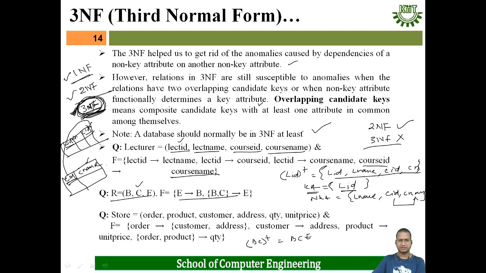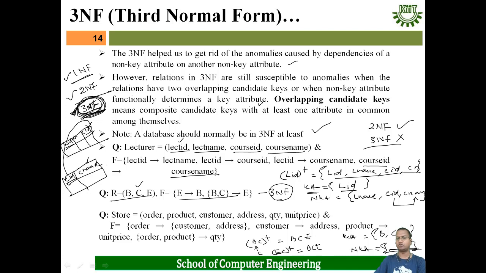Again, B can be replaced by E. That means EC closure will be BCE. That means here the key attributes will be B, C, E. All are key attributes. The non-key attribute, nothing is there. That means whenever a non-key attribute is not present, remember, transitive dependency will not be present. That means the relation will be in 3NF. That means this relation R will be in 3NF.